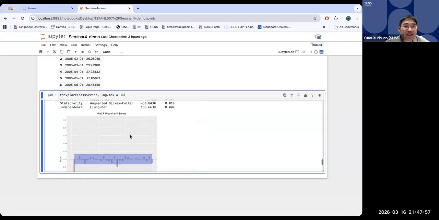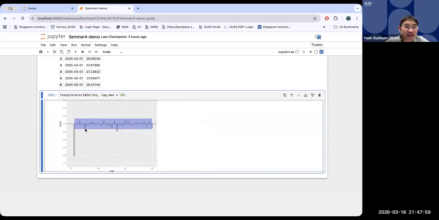If you look at the PACF, after lag 1, all the others are near zero, though maybe lag 17 is a little different from zero. But here, it seems there is a cutoff in the PACF, so we can consider modeling this as an AR1 process.